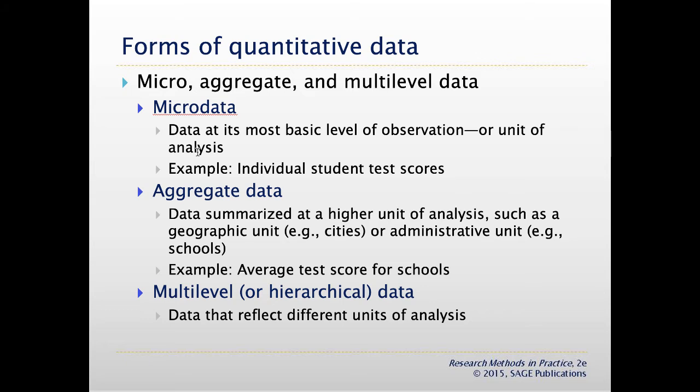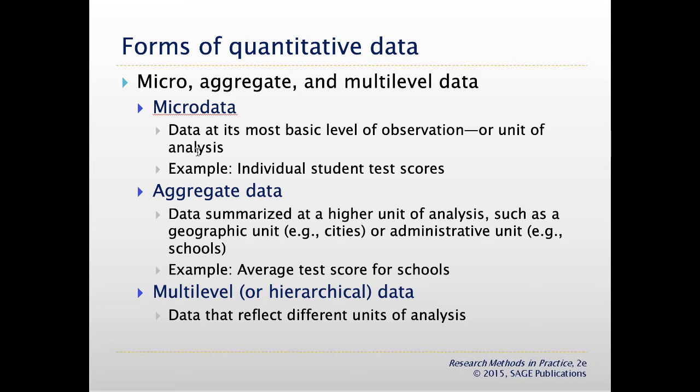And again, these days with all of us using Blackboard and clicking through it and watching videos on YouTube, the most disaggregated can be smaller than a person. Same person is doing a lot of things. But usually in traditional research, the most basic level is often the person. Aggregate data.